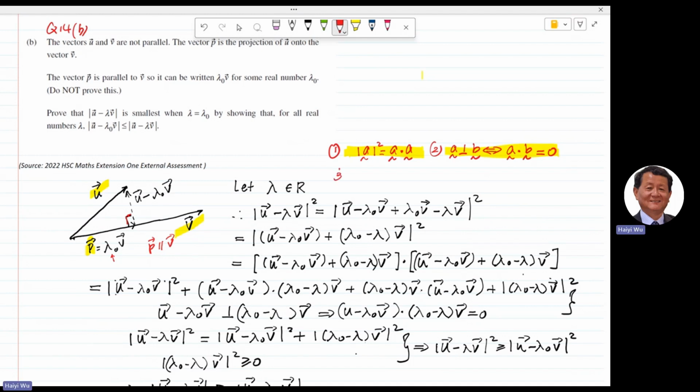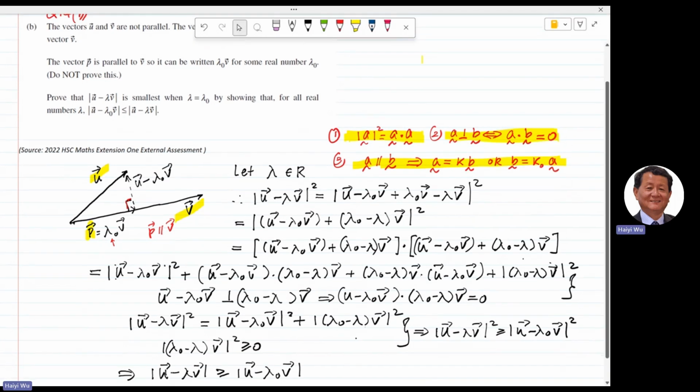So there's a third one. If I have A parallel to B, that means A can be written as a scalar quantity times B, or we can write B as a scalar quantity, we can call it k, times A. So those are 3 very important concepts of vectors: perpendicular, parallel, and also the square.